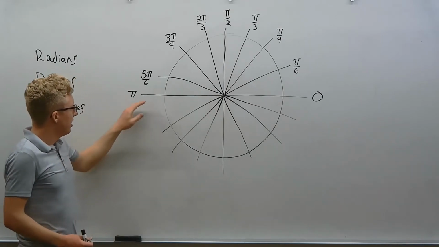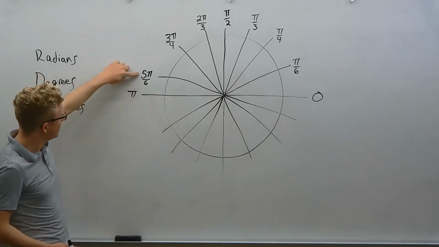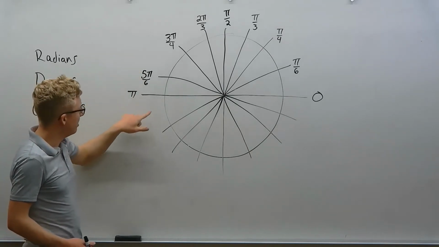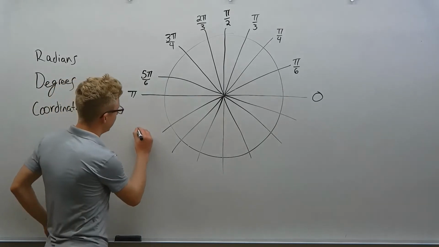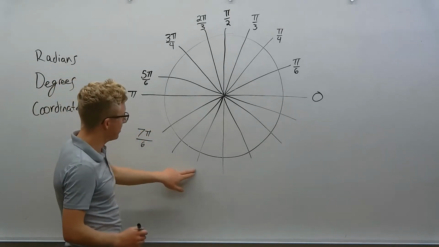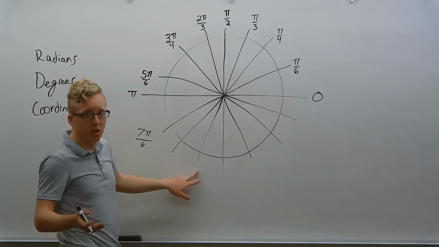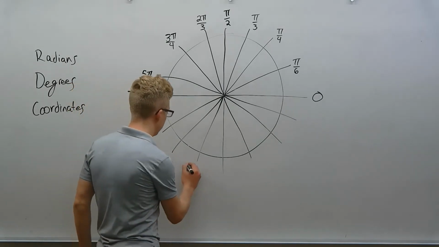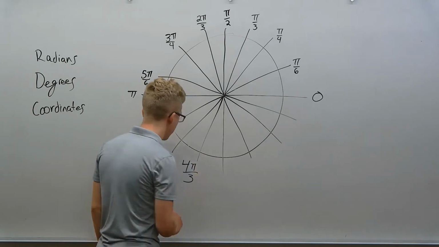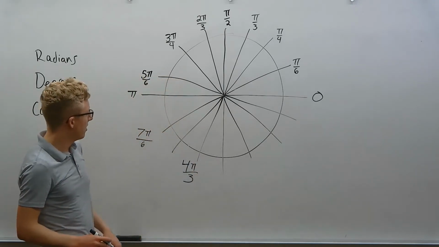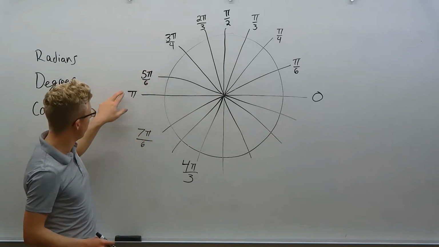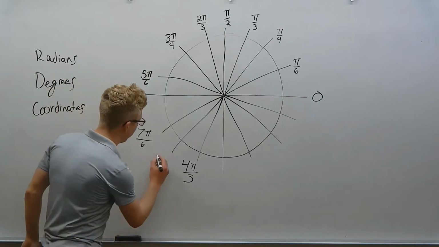Okay? Now the next one, if this is 5 pi sixths and this is 6 pi sixths, this is going to be 7 pi sixths. And this is going to be 8 pi sixths or 4 pi thirds. And then for our fourths, this is 3 pi fourths, 4 pi fourths, 5 pi fourths.